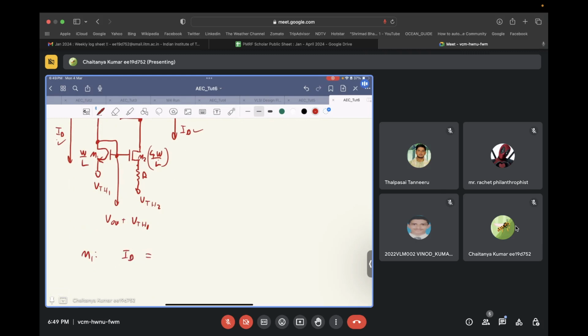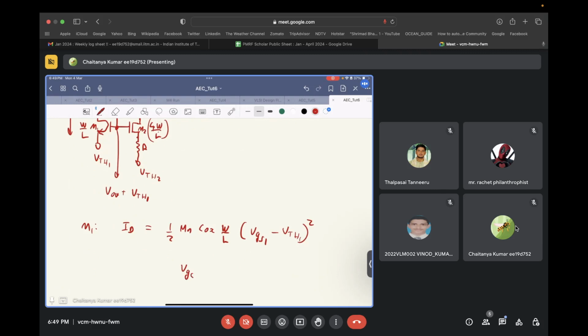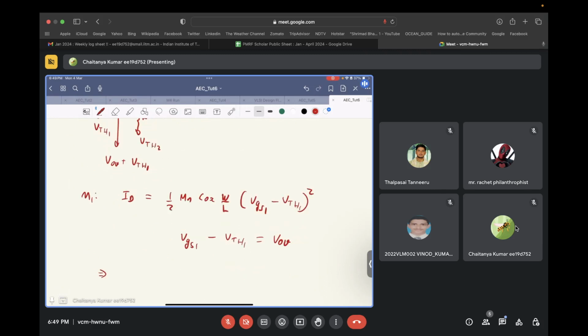We have ID is equal to half mu n Cox W by L times VGS1 minus VTH1 whole squared, where VGS1 minus VTH1 is considered to be the overdrive voltage V overdrive.